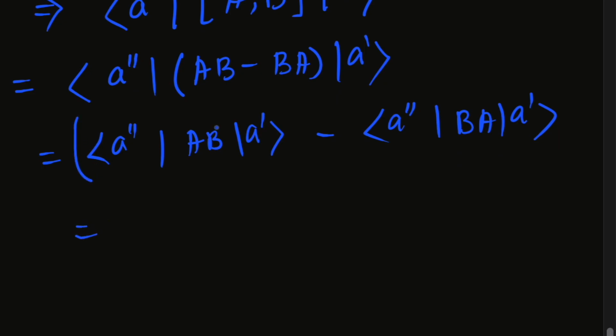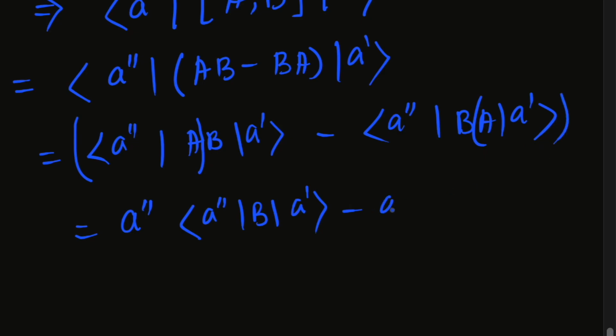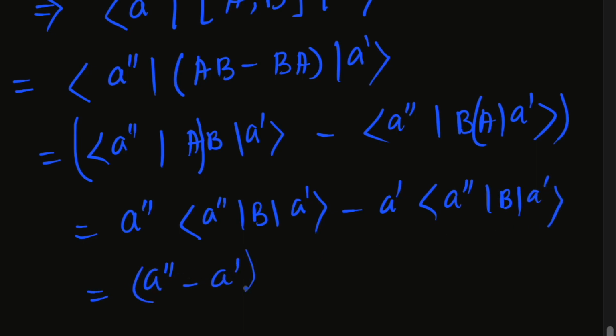This will be A double prime <A double prime|B|A prime> minus A prime <A double prime|B|A prime>.